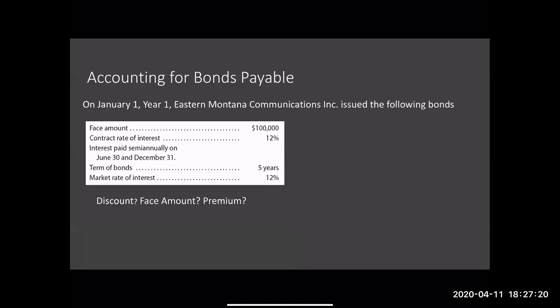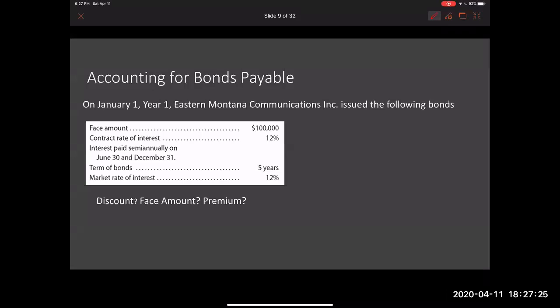The reason is because our contract rate, which is on our bond indenture, is the same as what similar bonds are being offered for in the market. When they are equal to each other, it will be sold at the face amount, the full amount of $100,000.